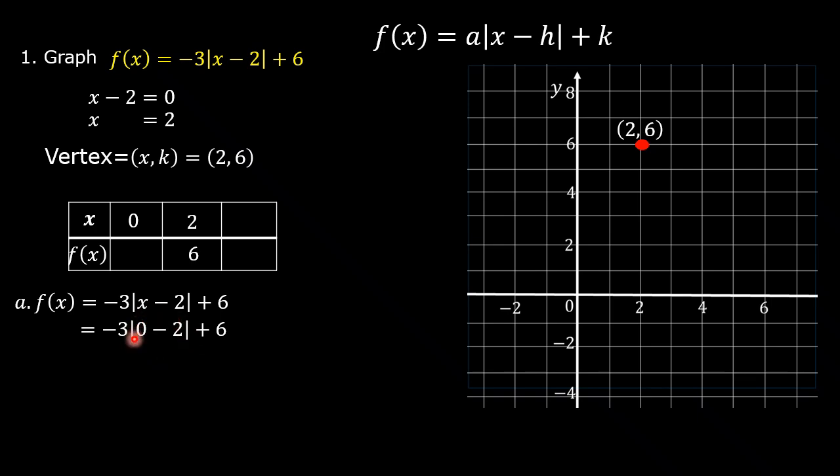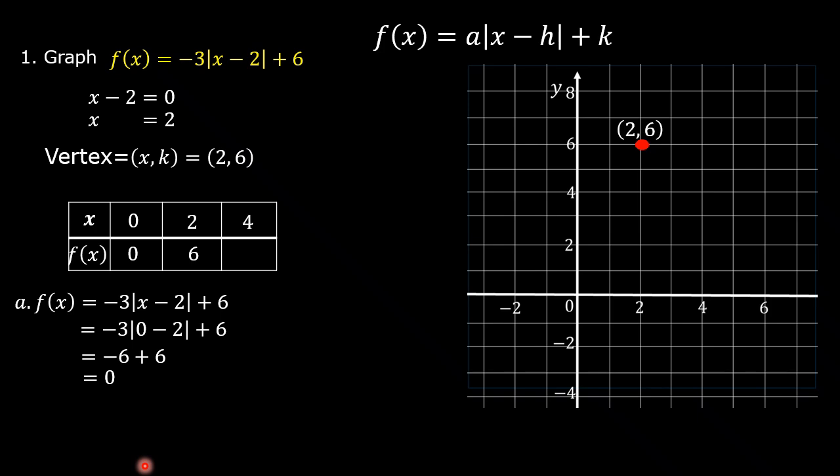The absolute value of negative 2 is 2. 2 times negative 3 is negative 6. So we have negative 6 plus 6, and negative 6 plus 6 is equal to 0. So when x is equal to 0, f of x is equal to 0.